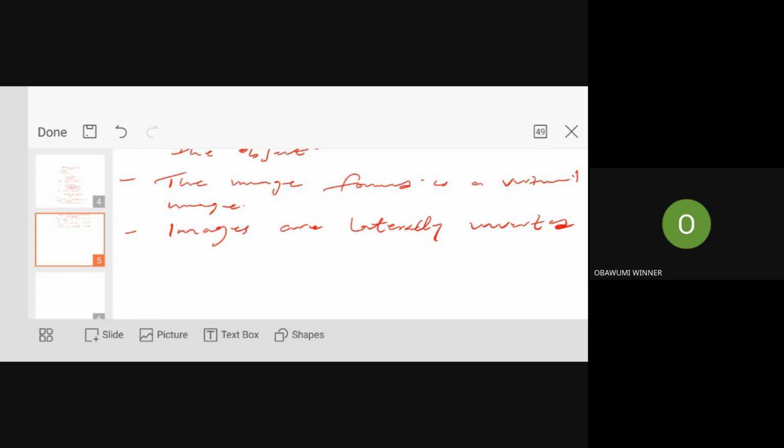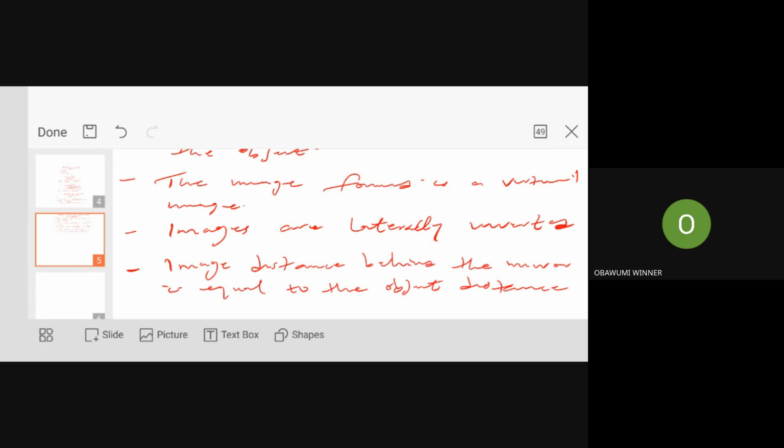Now, the fourth property also is that the image distance behind the mirror is equal to the object distance in front of the mirror. I've explained that the image distance behind the mirror is equal to the object distance in front of the mirror.